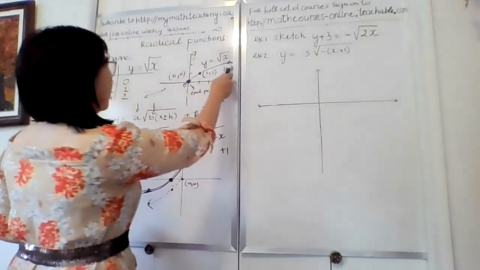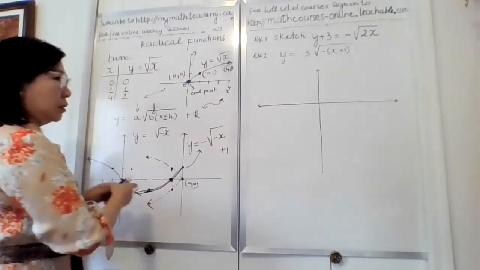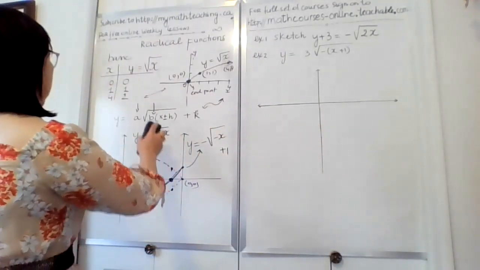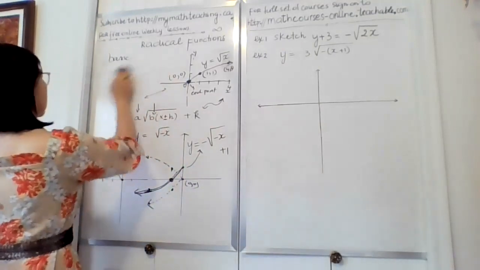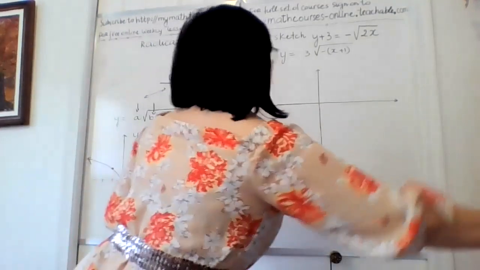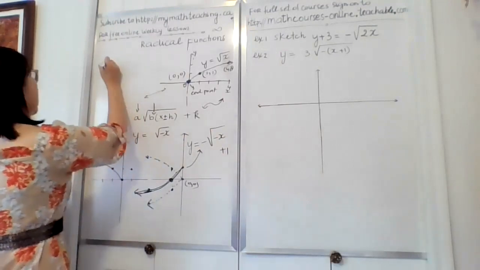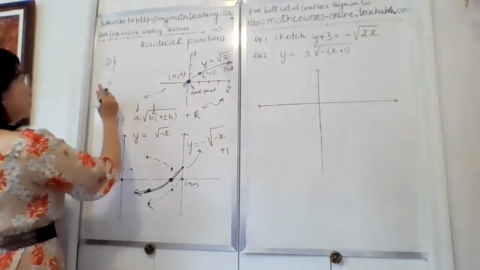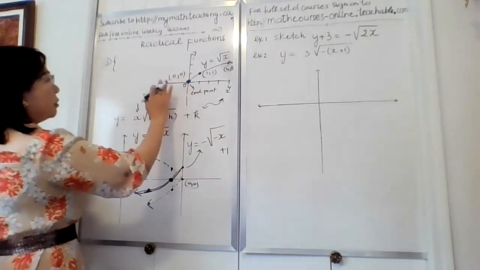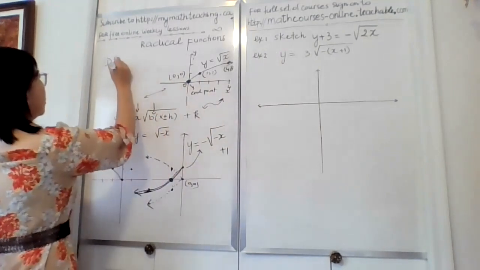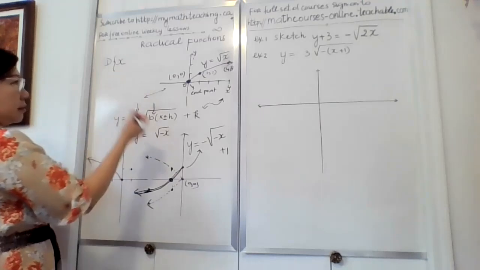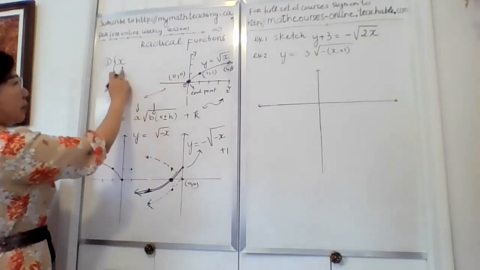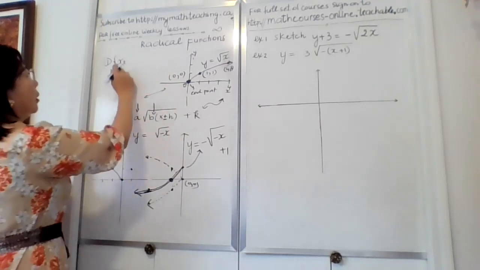So let's look at the domain of the basic function. Now I'm going to talk about the domain and range for this. The domain for this function will have a notation like this. The domain is the set of x values, right? We have x1, x2, x3, x4, but we just represent them by x here.